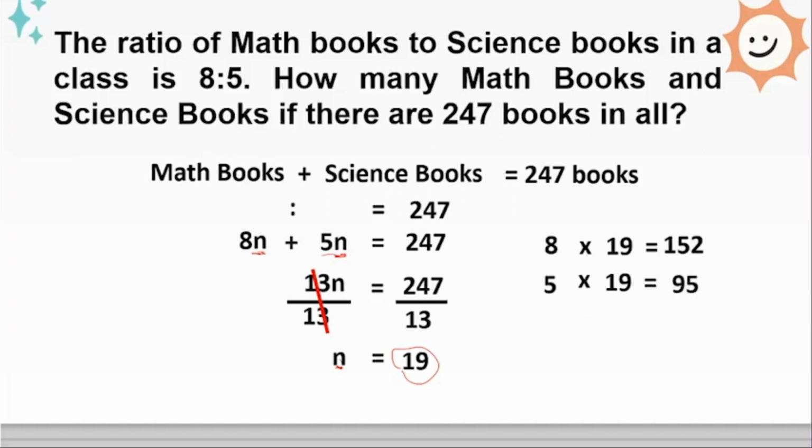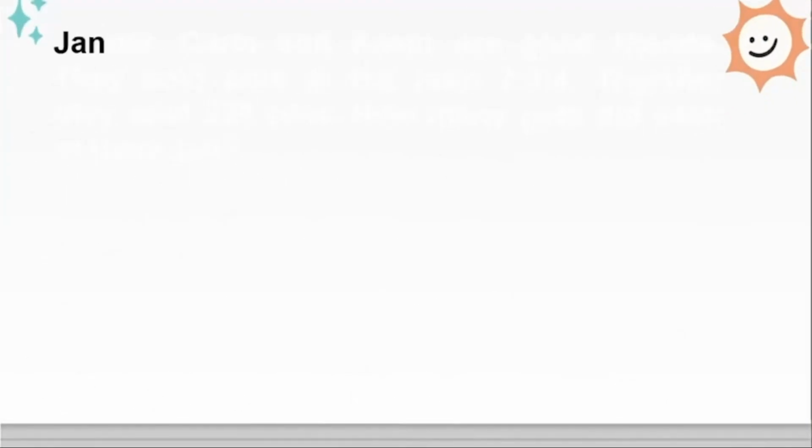Therefore, the math books is equal to 152 and the science books is 95. Okay, the answer is 152 math books and 95 science books. So this is an example of a partitive proportion. According to the partition, the whole, the 247 books in all, we divided by the ratio of 8 to 5. Okay, so let's have another example.